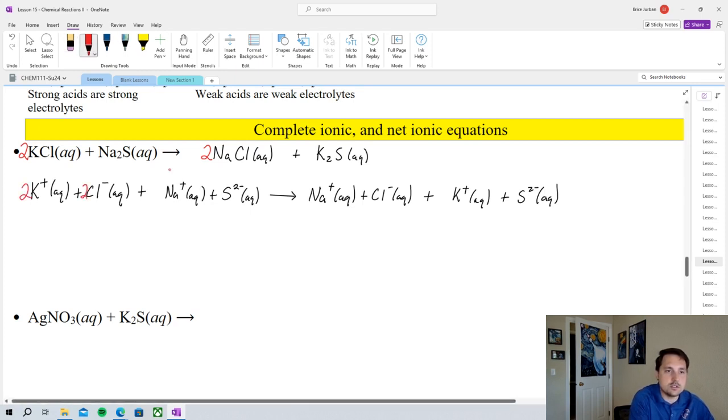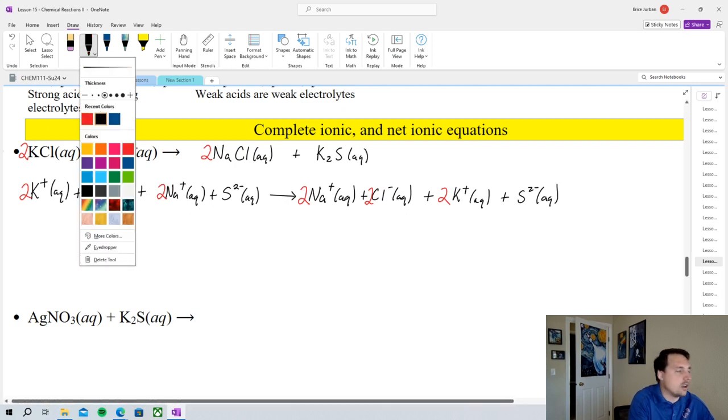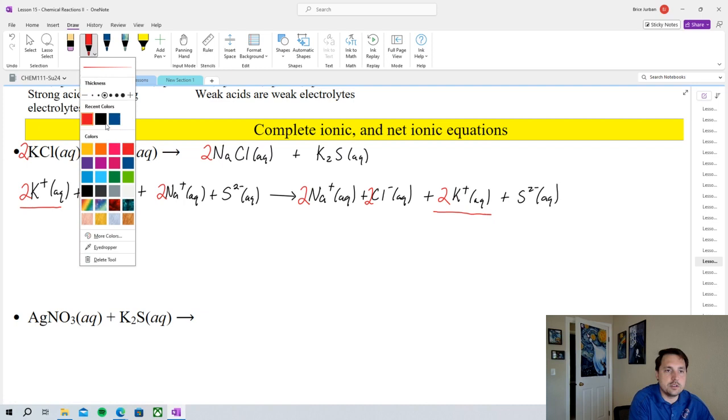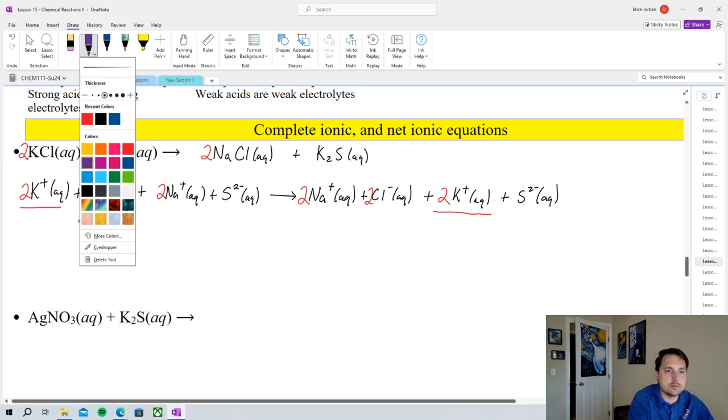So there's 2 of these, 2 of those, 2 of these, 2 of those, and 2 of these. All right, and what I'll do is underline all the same ones on both sides, using a different color for each of these.